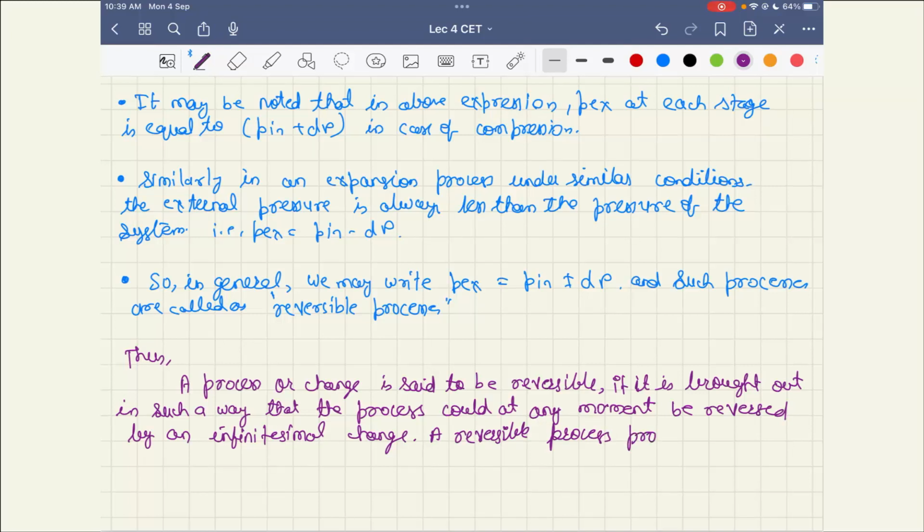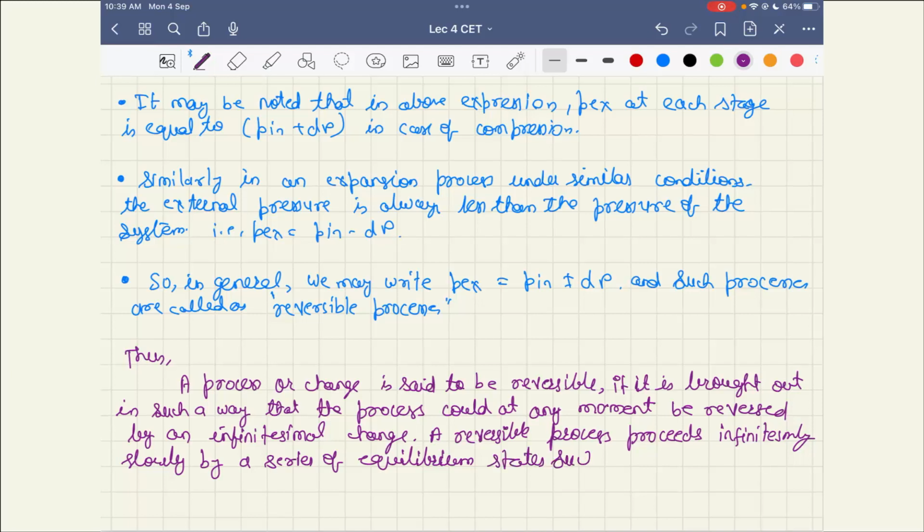A reversible process proceeds infinitesimally slowly by a series of equilibrium states, such that the system and the surroundings are always in near equilibrium with each other.